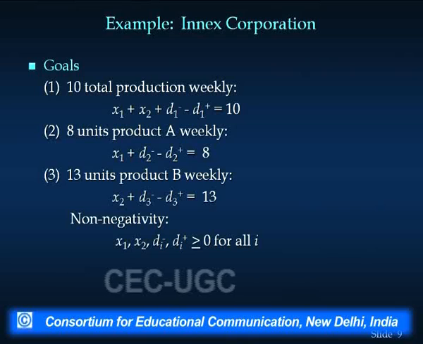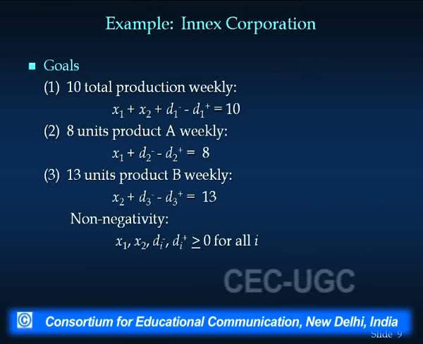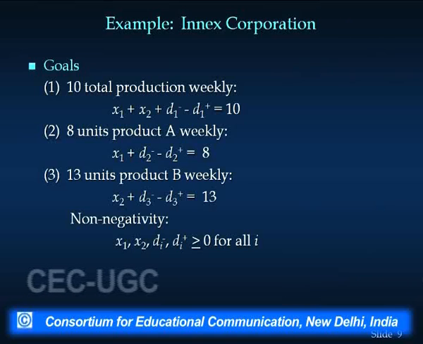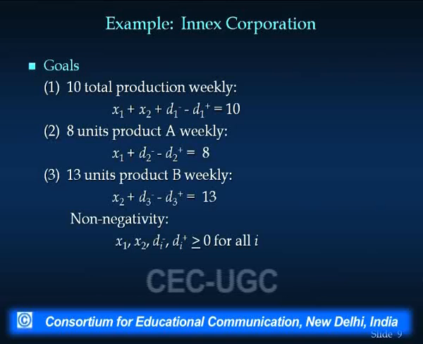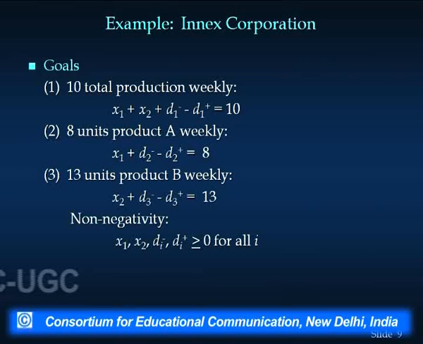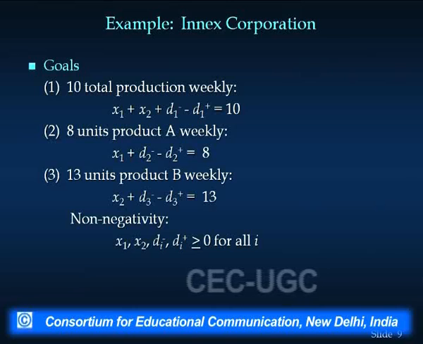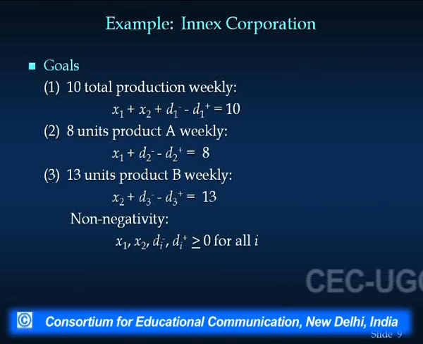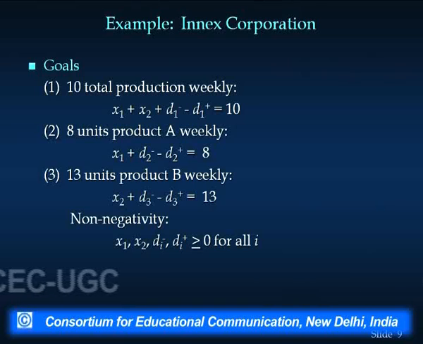Now what are we going to minimize? We have to see whether it is D1 minus or D1 plus which is to be taken into account. We are worried about the underproduction. We are not worried about the overproduction. In all these three priorities or three goals, we are worried about underproduction.